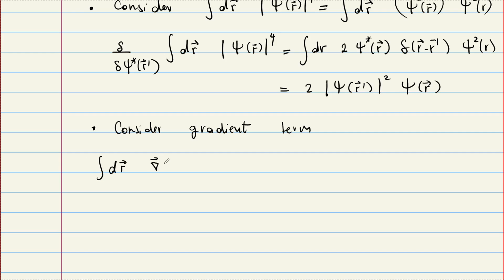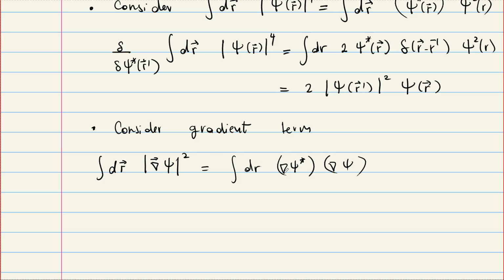So this is the absolute value of the gradient of psi squared, and this is equal to the integral dr of gradient psi star times gradient psi. I'm going to take the functional derivative with respect to psi star, but I don't want this gradient of psi here. What is the thing to do here?